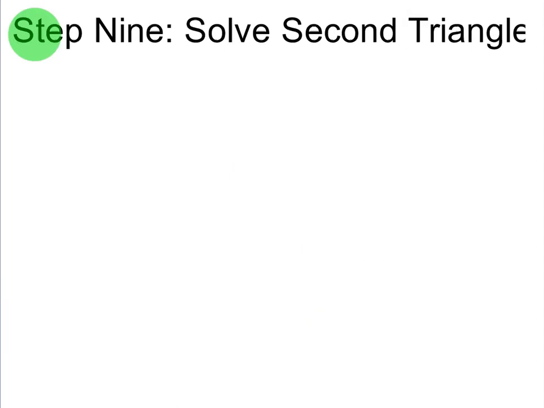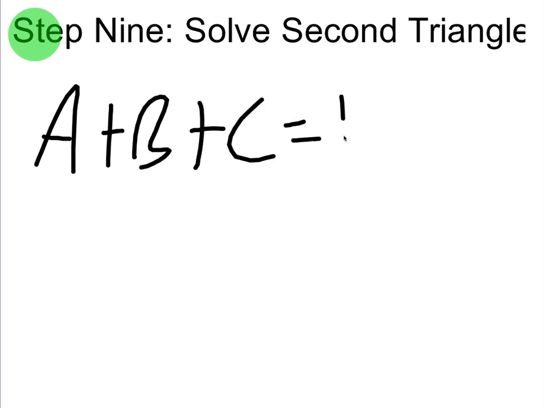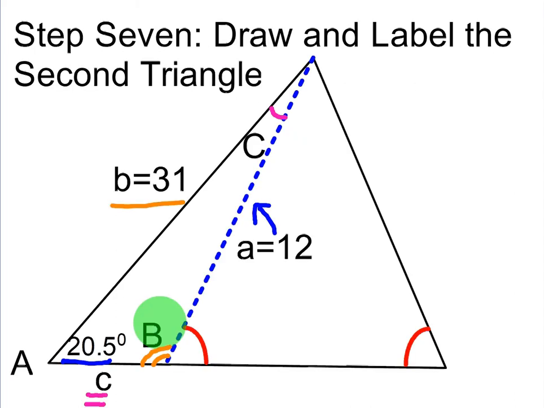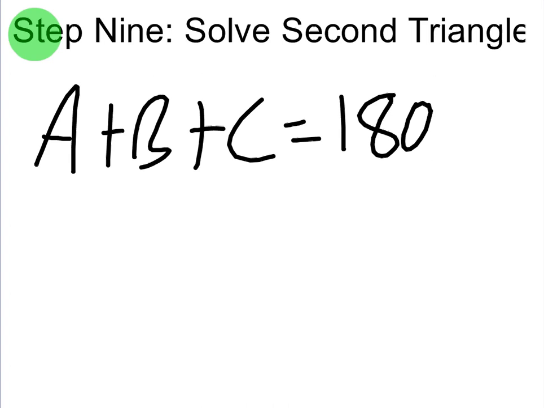All right, now we're just going to solve for the second triangle. So we're going to have A plus B plus C equals 180. We are solving for C. All right, so let's see here.